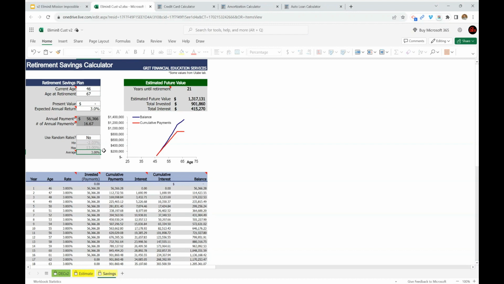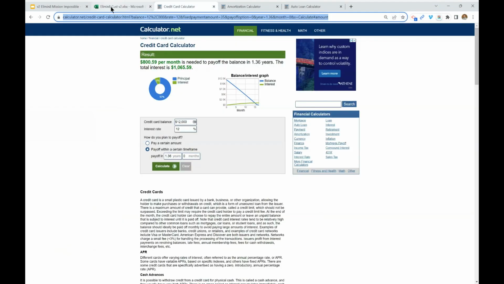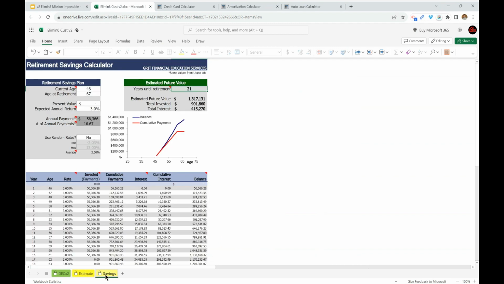Okay, so in this scenario, you have from a current age of 46 till 67. Okay, so let's say your retirement is not until 21 years. So in this scenario, everything that we're saving, everything that we're not paying anymore, I put it in here into the savings tab.